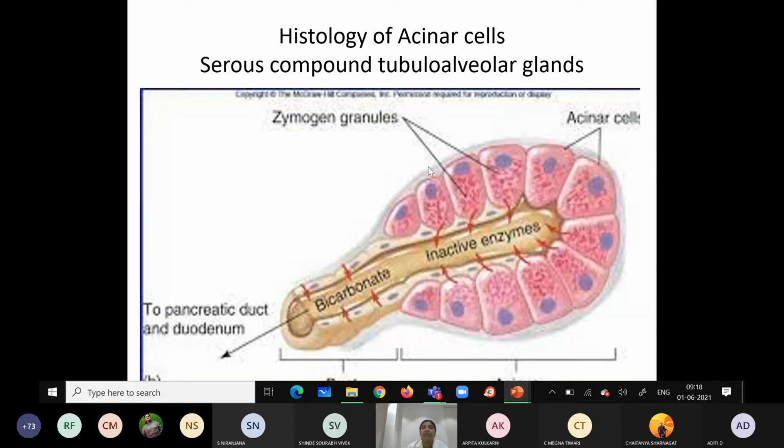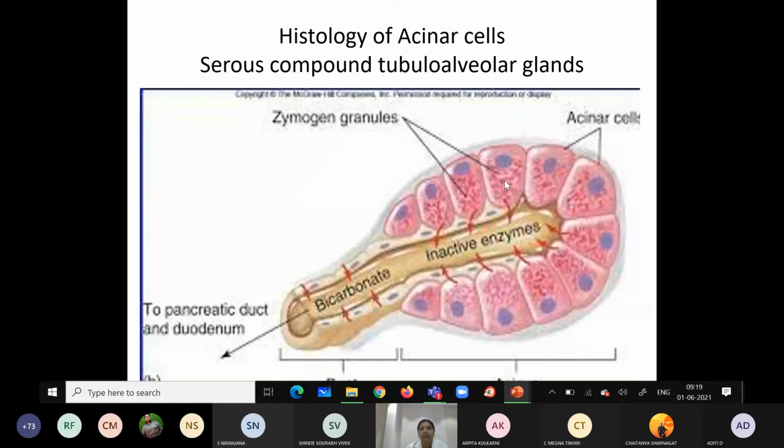These acini contain various acinar cells which are pyramidal in shape, and they are loaded with endoplasmic reticulum, mitochondria and Golgi bodies, because the main function of the acinar cell is to secrete the enzymes. A lot of enzymes are secreted in pancreatic juice. There is a list of enzymes, we'll go through that.